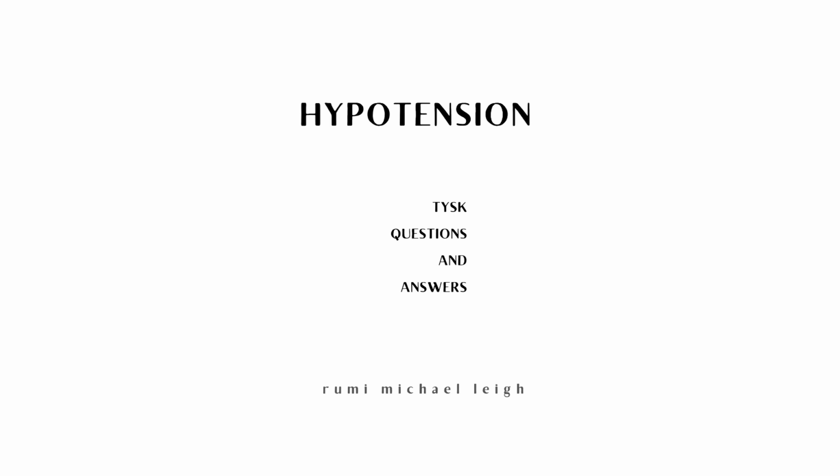Chapter 3. 1. What is arrhythmia? Arrhythmia is an irregular rhythm of the heart. 2. Can dehydration lead to low blood volume? Yes, dehydration can lead to low blood volume. 3. What is tachycardia? Tachycardia is a condition where the heart beats too fast. 4.